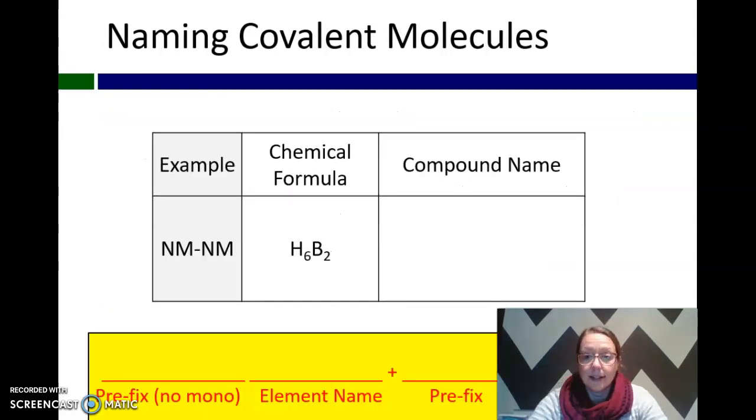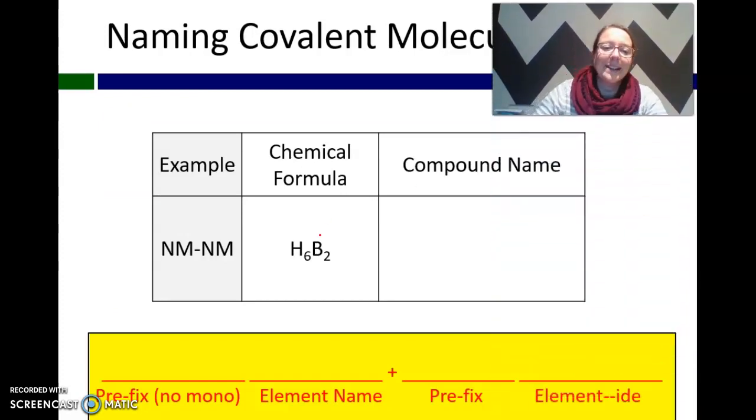Let's try an example. I'm just going to move myself up here. All right. We have our first example of a covalent molecule. We have hydrogen and boron. I'm going to write it down here using this kind of template. So first we start with the amount of this particular atom of hydrogen. There are 6 of them. So I'm going to look up that prefix on my periodic table, and the 6 prefix is hexa. Then I'm going to write the full name.